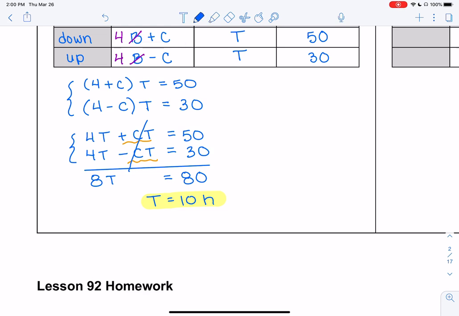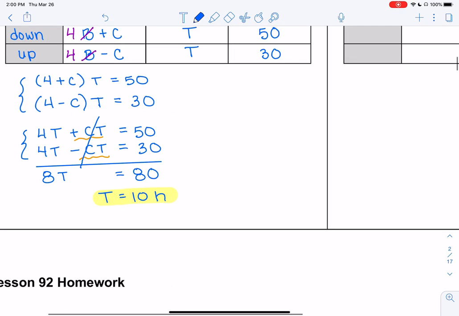Then I need to go back and find the one variable I have not found yet, which is the C, the current, the rate of the water. So I'm going to start with this equation that I have written halfway down here. 4t plus CT equals 50. And then I plug in 10 for my t value. Go back and simplify that.